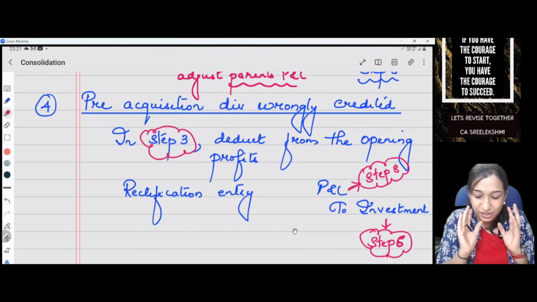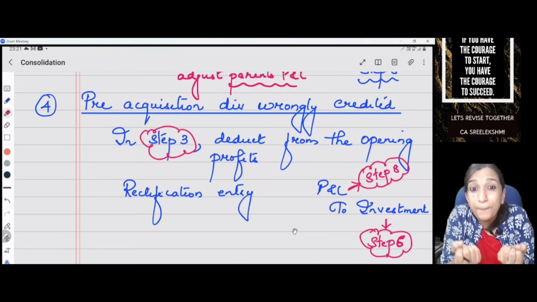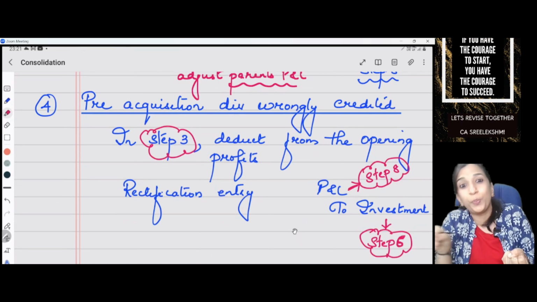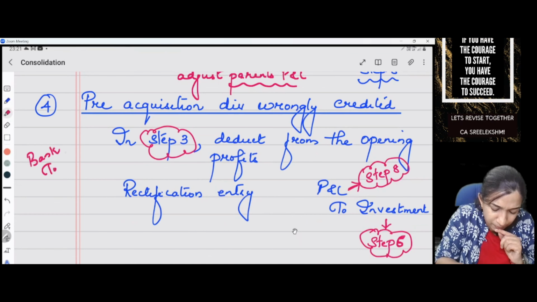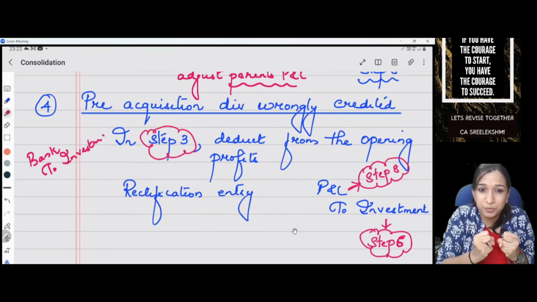The correct entry when you receive a pre-acquisition dividend: the subsidiary declared the dividend after the date of acquisition and the holding company received it, but that dividend relates to the pre-acquisition period. The entry that you should have passed is bank account debit to investment. That pre-acquisition dividend is a capital receipt.